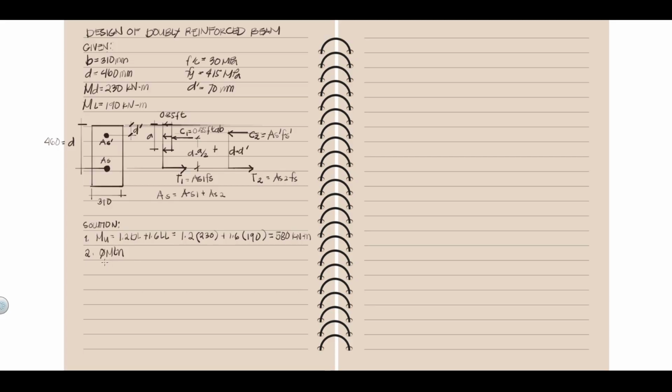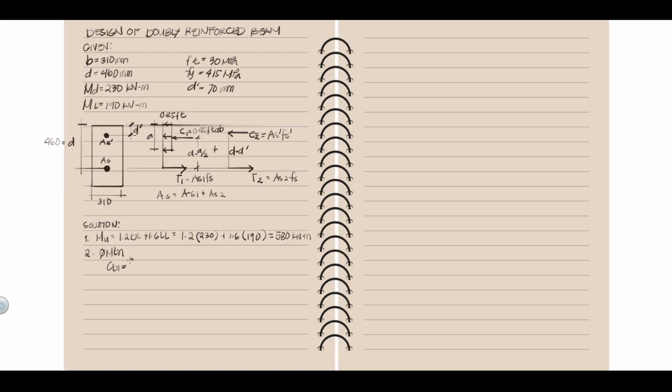For us to check if our beam will be designed as a singly or a doubly reinforced beam, we first compute CTN.